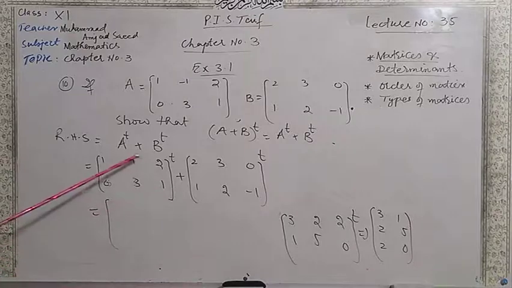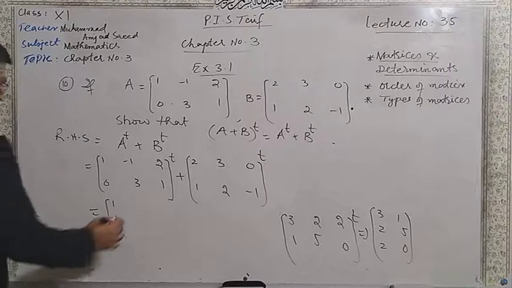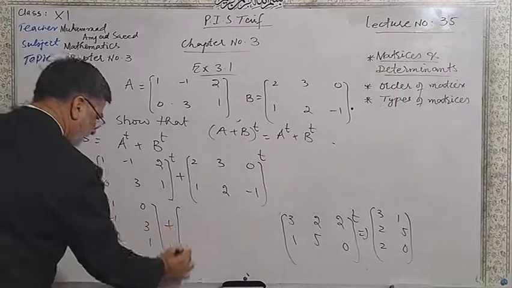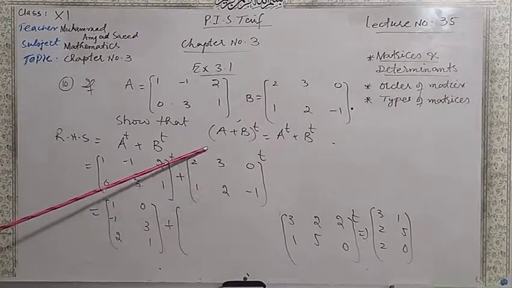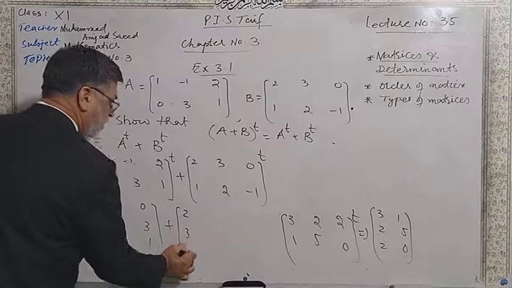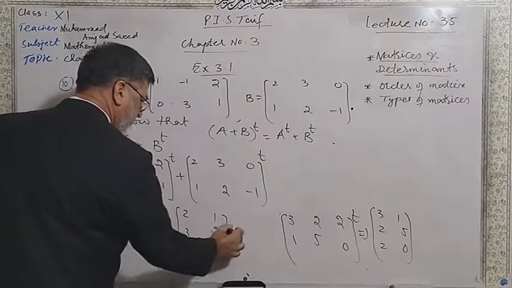Now first row becomes first column, 1 minus 1 and 2, 0, 3, and 1. In second, first row becomes first column, 2, 3, 0, 1, 2, and minus 1.